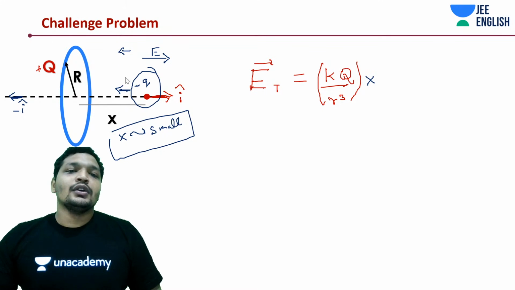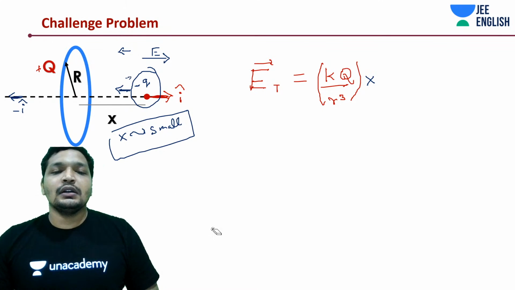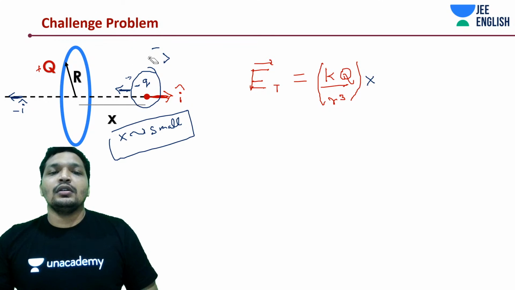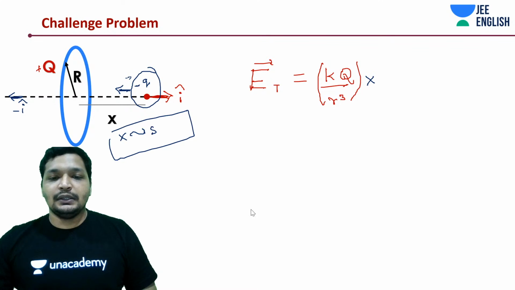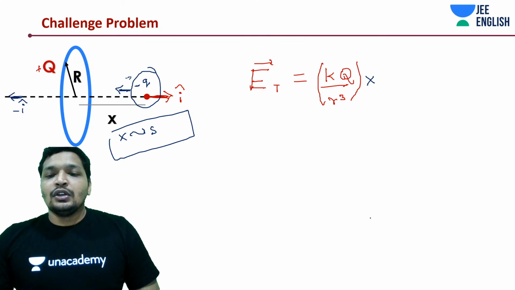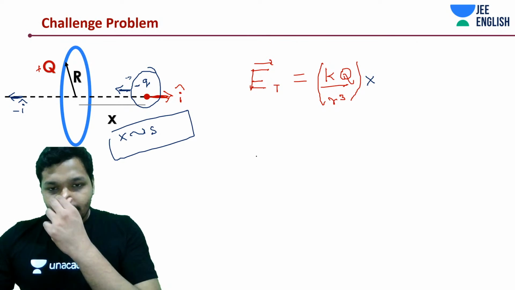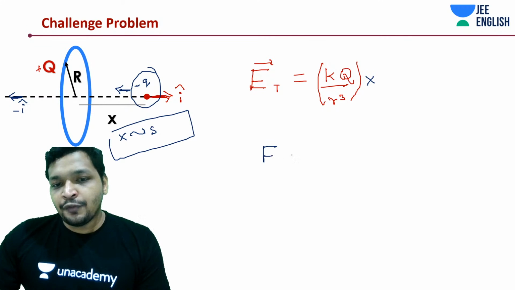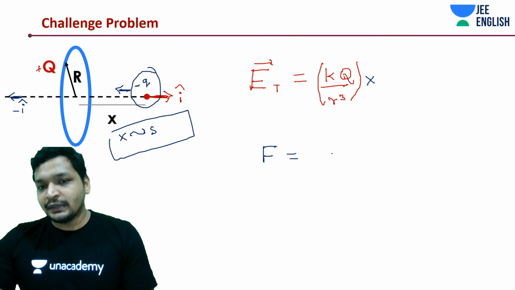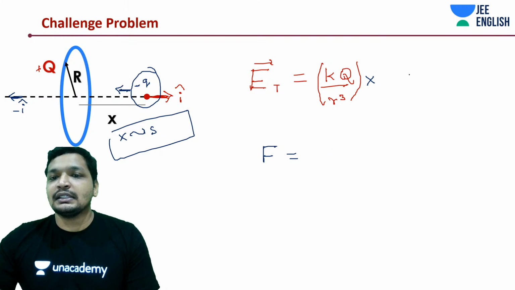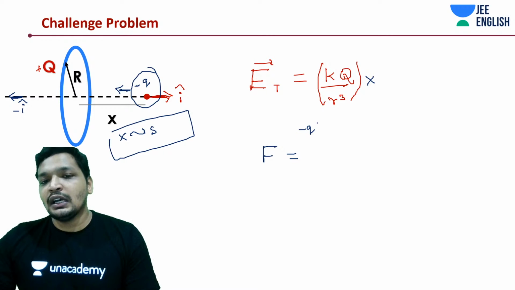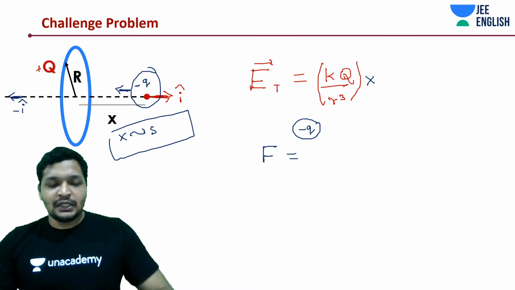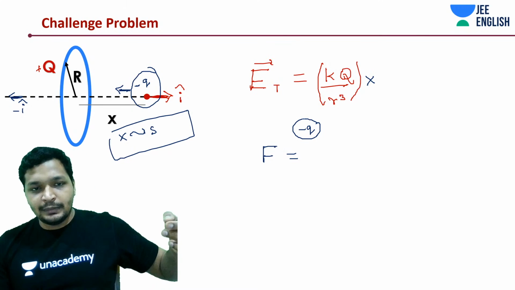Let's see. What I'm saying is, if you consider force on some test charge, in this case let's say the test charge is minus q and this is plus q, and I'm just pushing it inside the ring a little bit, in this direction.